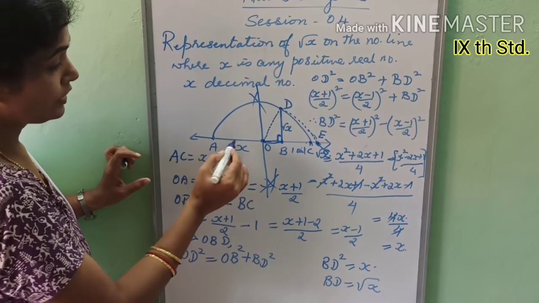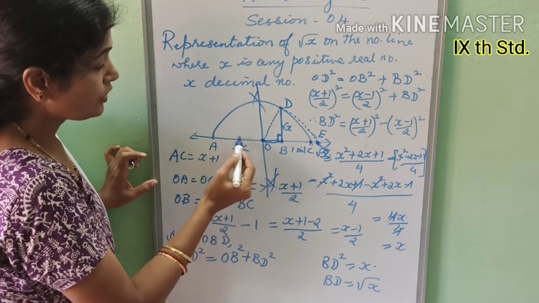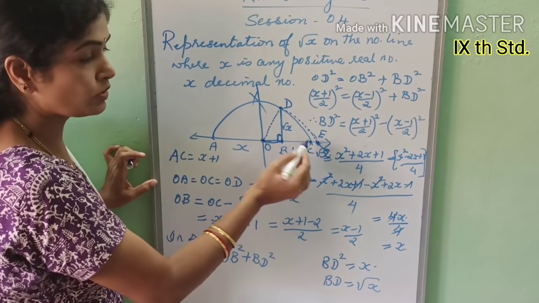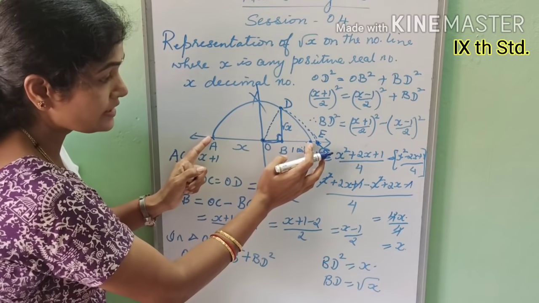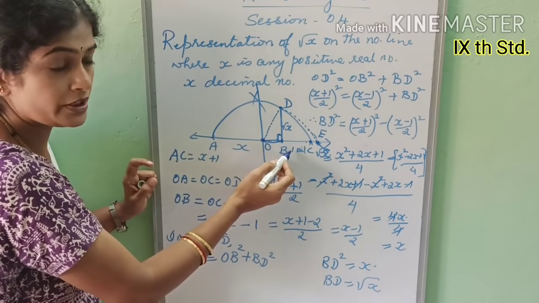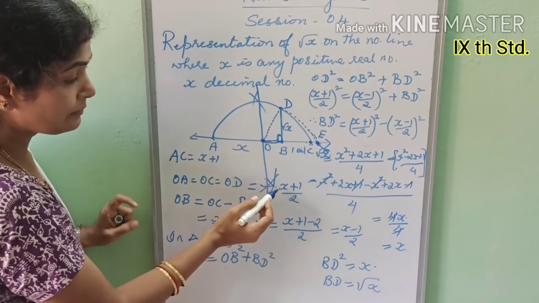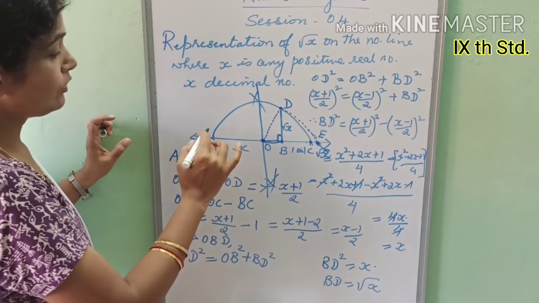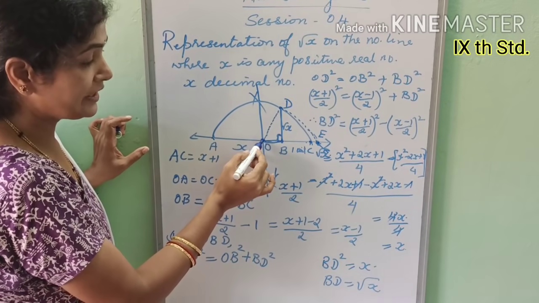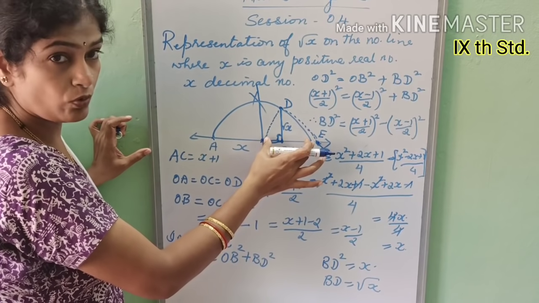Right? Now, if the midpoint of AC is O, then OA is equal to OC. Now, the entire AC is equal to x plus 1 unit. Therefore, OA or OC, which is half of it, will be equal to (x+1)/2. Now, after finding out the midpoint, take the radius as OA or OC.